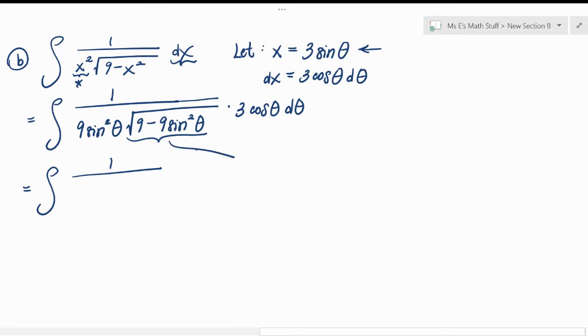So for me, it makes sense that that entire radicand is equal to 3 times cosine theta. It's up to you how many steps you want to show, or if you want to scratch that out on the side. The point is this: you had 9 sine squared theta already, and then that square root expression can be replaced with 3 cosine theta. And then you had 3 cosine theta d theta already off to the side that replaced dx.